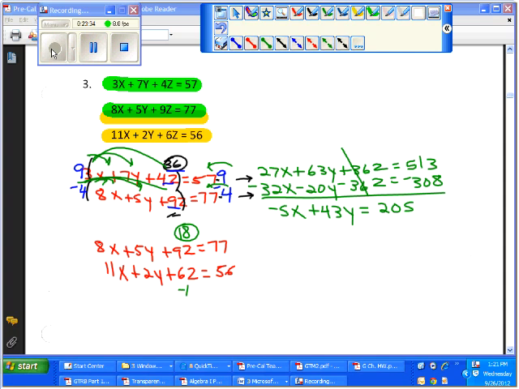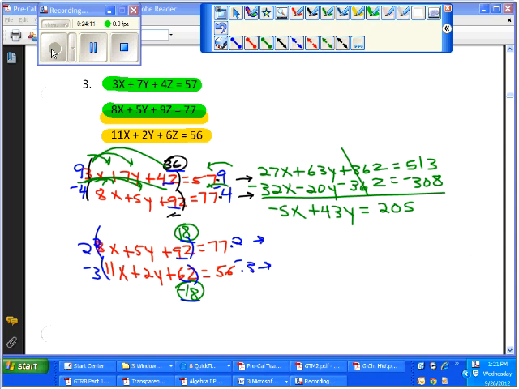So we're going to create an 18 and a negative 18, multiplying through by whatever it takes. 9 times what is 18? 2. 6 times what is negative 18? Negative 3.